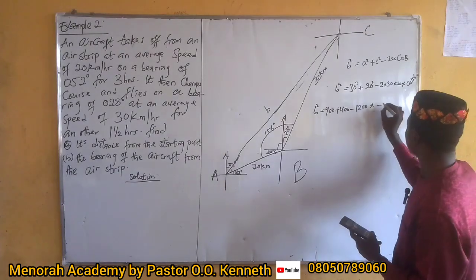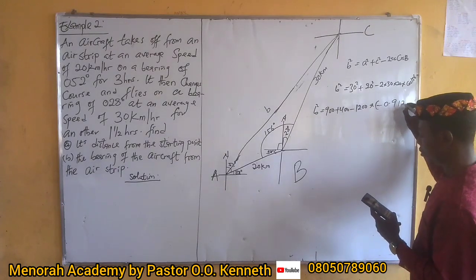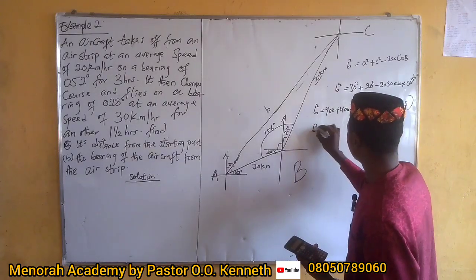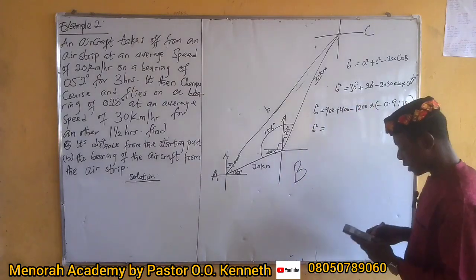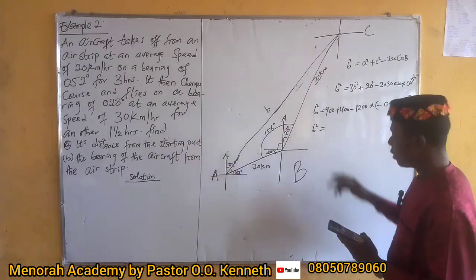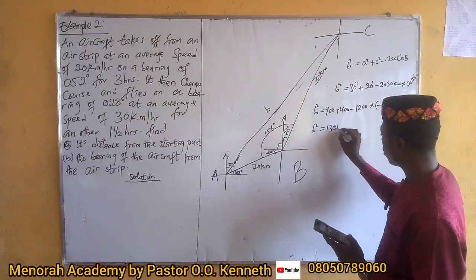Cos 156 is minus 0.9135. So b squared will be equal to 900 plus 400, which gives 1,300.